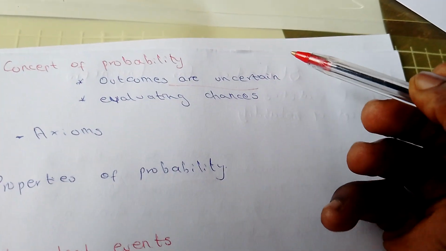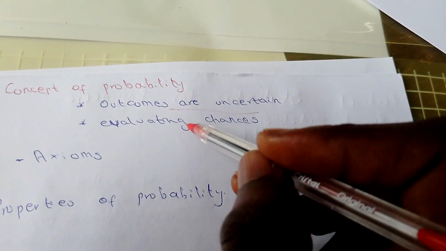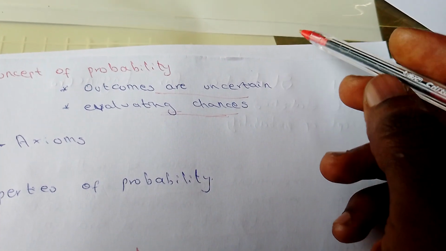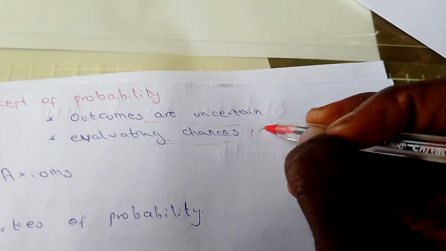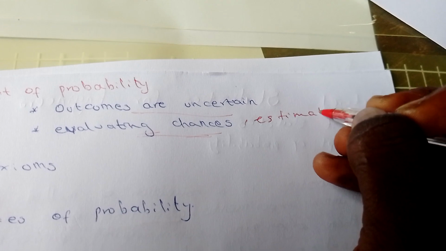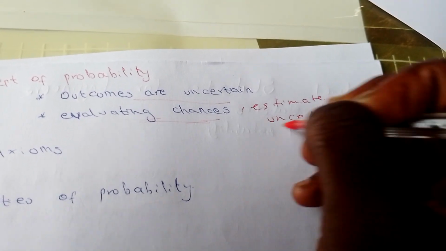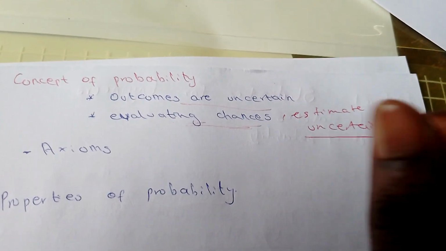So outcomes are uncertain. And then what you are trying to do is evaluate the chances of something happening. In other words, you are trying to estimate uncertainty.